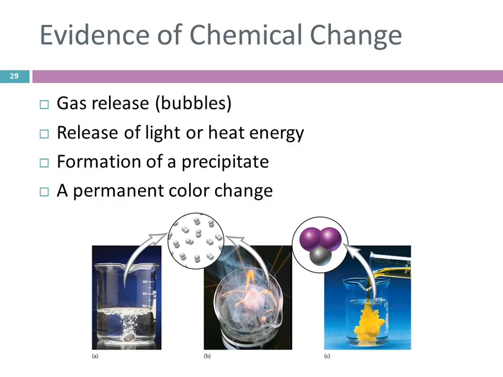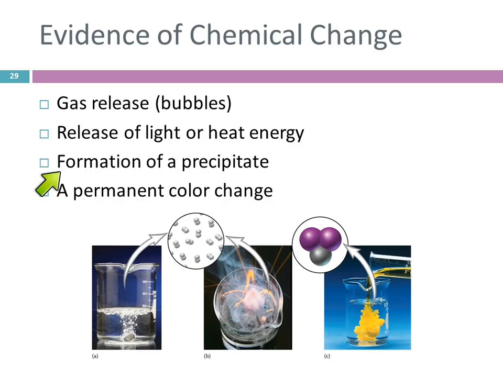A light stick, one of those glow sticks, you can go to the dollar store and buy a bunch of glow sticks for $1. And you bend them, right, and they go crunch, crunch, and then they start to glow. That's a release of light energy. That's evidence of a chemical change. There's a chemical reaction going on in that glow stick.